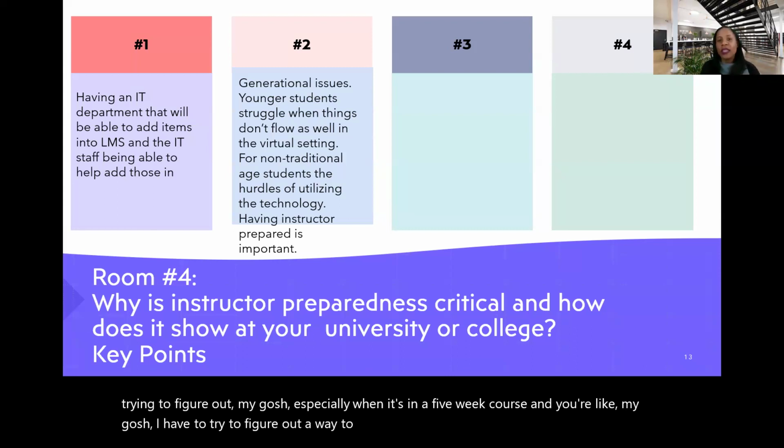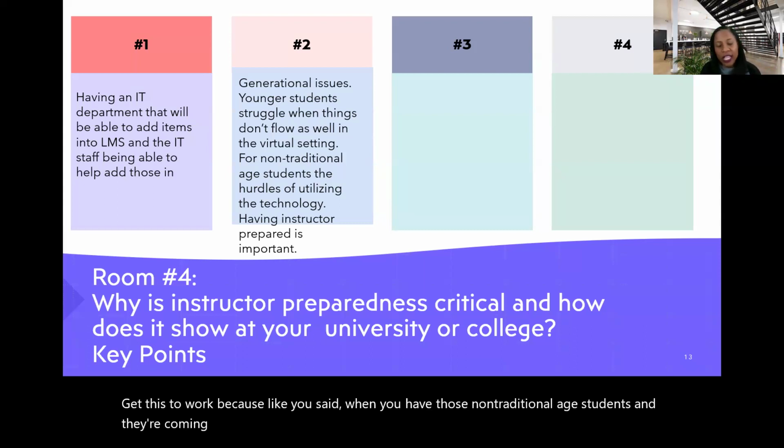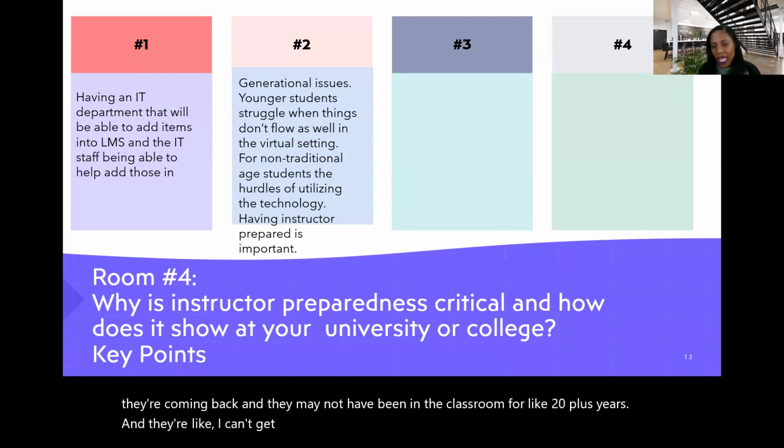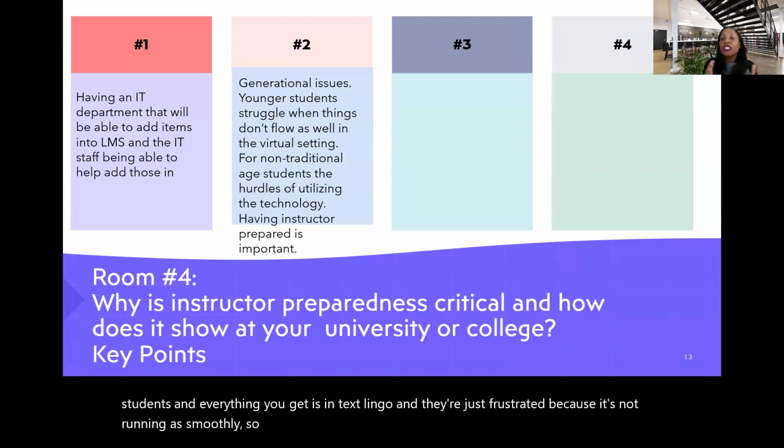When you have non-traditional age students who may not have been in the classroom for 20 plus years, and they're saying, I can't get it to submit, this is not right. Or you have younger students and everything you get is in text lingo, and they're frustrated because it's not running as smoothly. So having instructors prepared to deal with both types is very important.